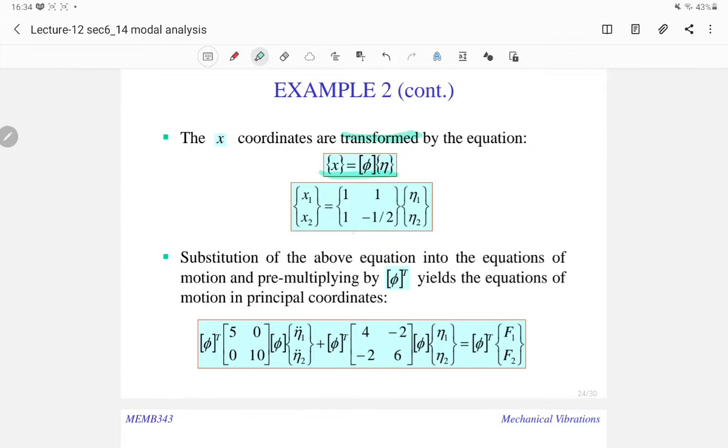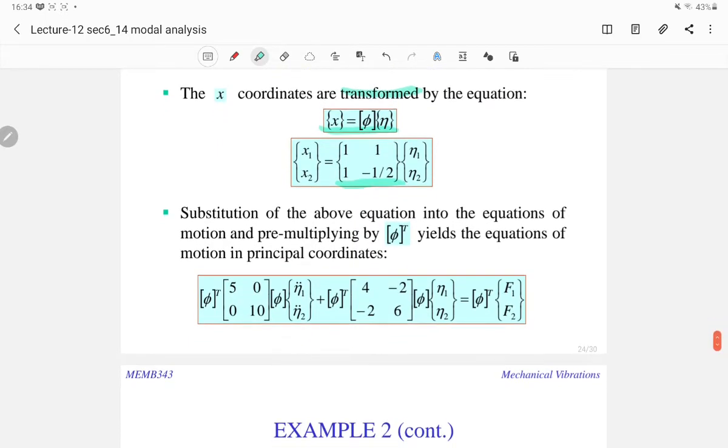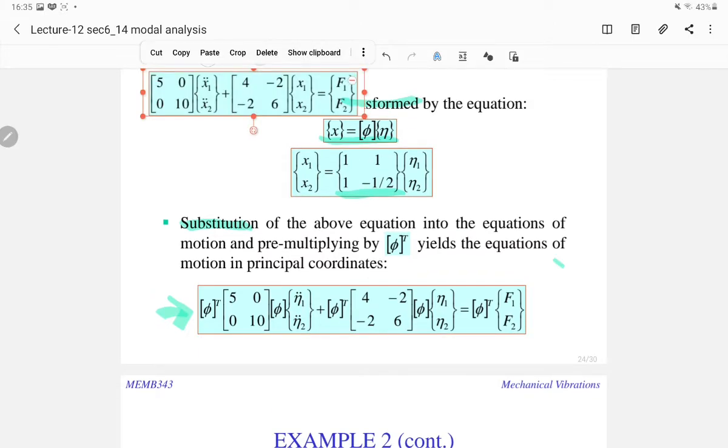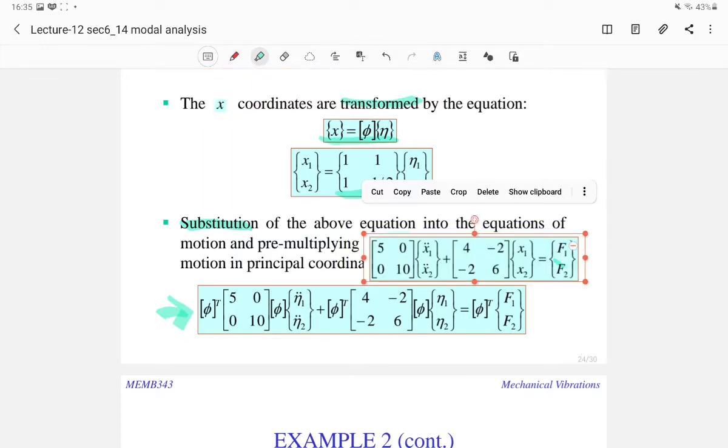These are the modal matrix just now. You put it in that form and substitute into the equation of motion. I'll just copy paste the original matrix here. This is the original matrix, or the EOM.